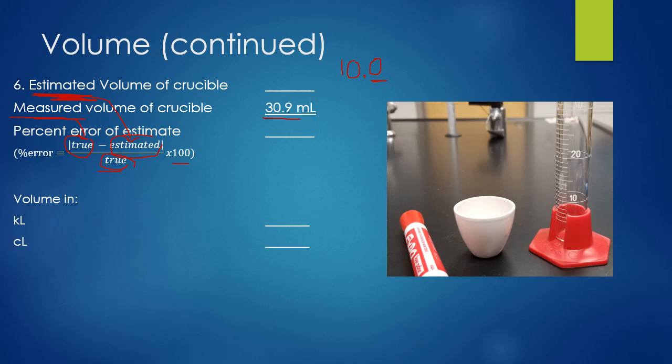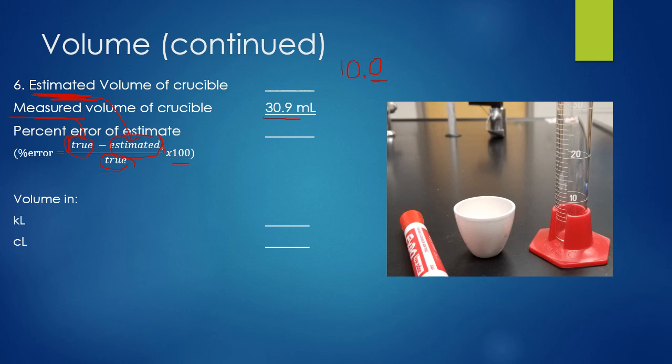Now remember, when you're using this equation, these bars here are absolute value signs. So if you happen to get a negative number when you subtract your true from your estimated, or I should say your estimated from your true, just change it to a positive. Also make sure that you're doing the subtraction first. So do the subtraction in parentheses.